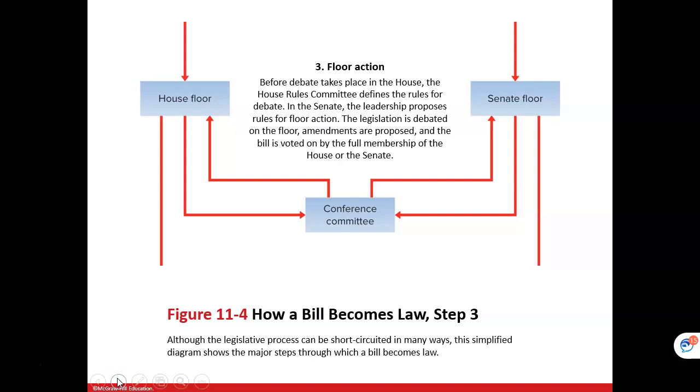Once the Rules Committee has set the rules, they say how long you'll be able to debate, whether or not the bill can be amended from the floor. They are going to use Robert's Rules of Order. Sometimes it can be really confusing if you're watching, because you'll hear them saying these odd words, point of order, and all kinds of odd stuff. But they use Robert's Rules of Order.